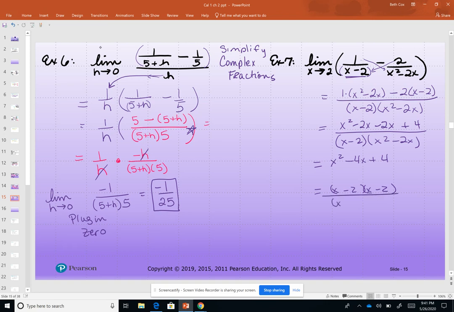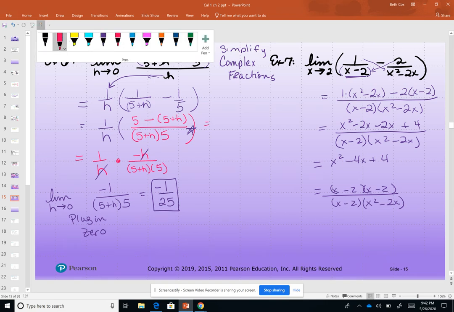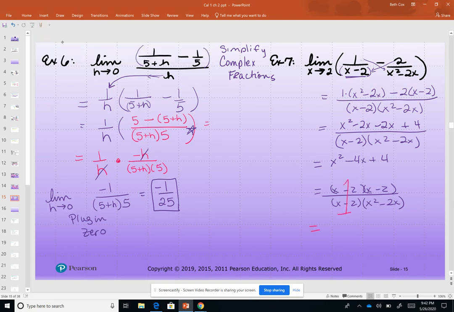And now you see why I didn't multiply out my denominator. I got that x minus 2 to cancel out, and I have x minus 2 over x squared minus 2x.